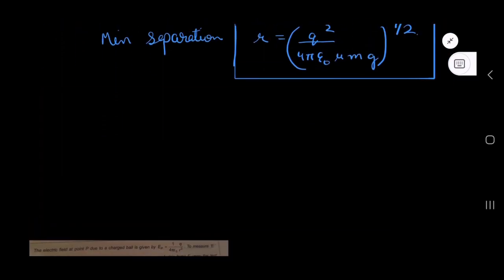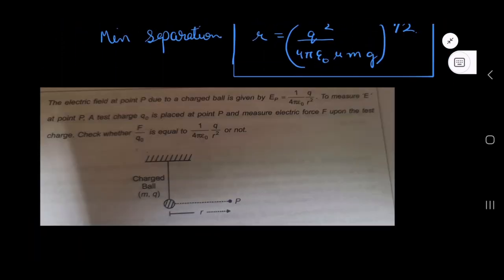Okay, so this was the concept for solving this question, and let's now proceed to the next question. So this is a bit conceptual question. Let's read the question. The question says, the electric field at point P due to the charged ball is given by this. So we have the situation like this. I said earlier also that first analyze the situation.